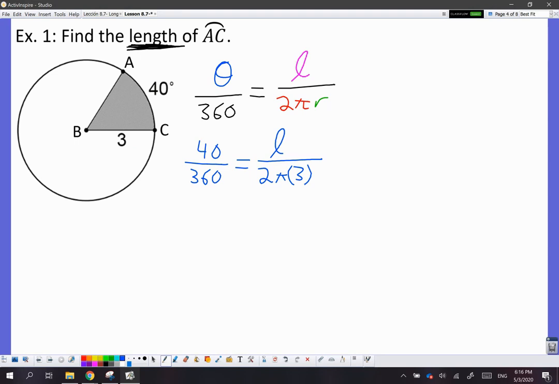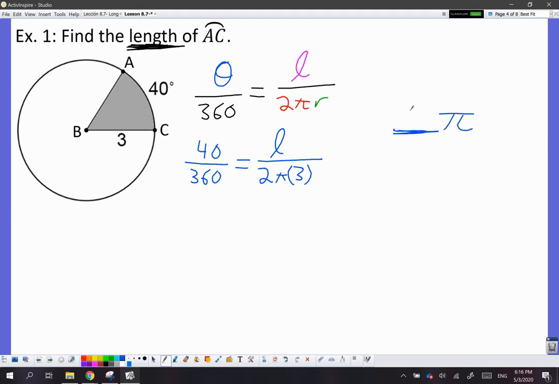Now, when I'm solving these kinds of problems, sometimes I'm going to have to reduce the fraction at the very end. In this case, we're going to talk about also finding these answers and leaving them in exact form. And what that means is that I want to leave my answer in terms of pi.